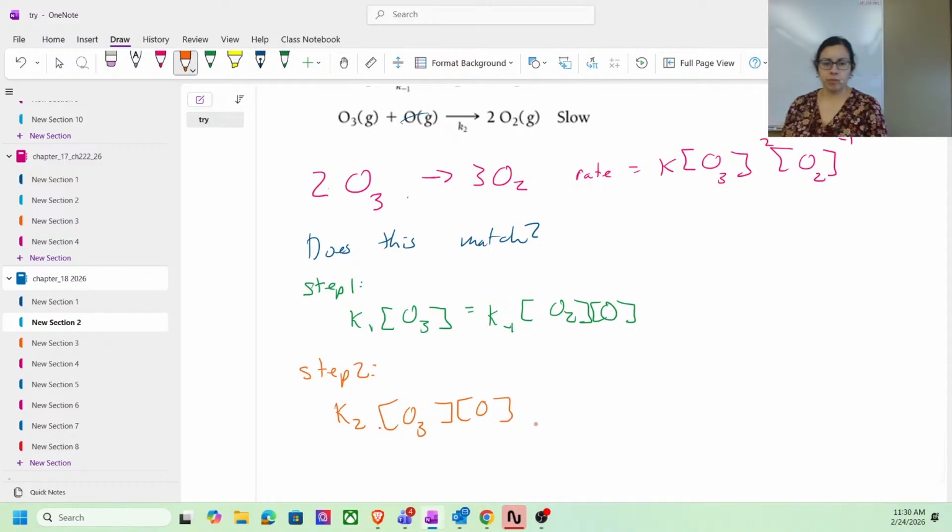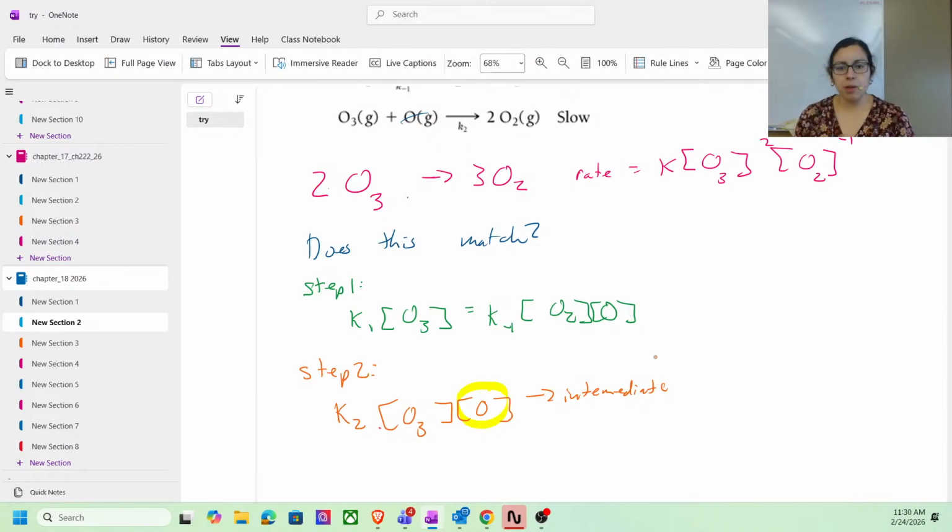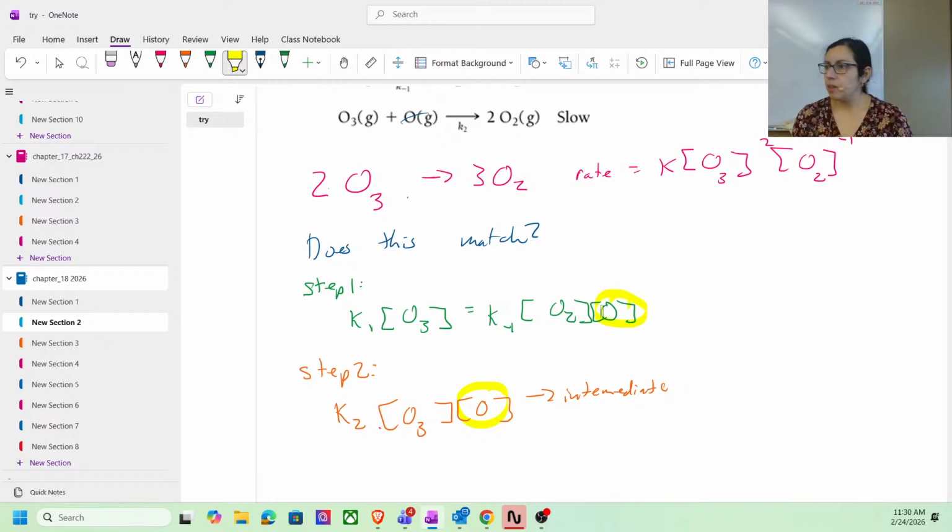And now here's our problem: we have our oxygen radical, which is an intermediate, so we can't just leave it like that. Let's go back to step 1. Notice we have our oxygen radical up here, so we can rewrite this in terms of this.